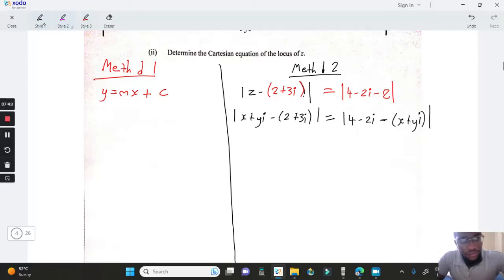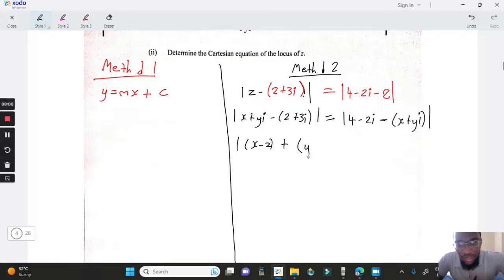And then we need to group up the real part and the imaginary part. Grouping up the real part, this is x minus 2, plus grouping up the imaginary part, this is yi minus 3i.